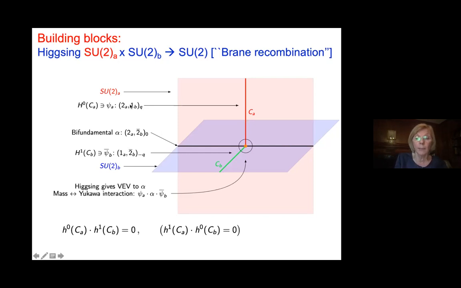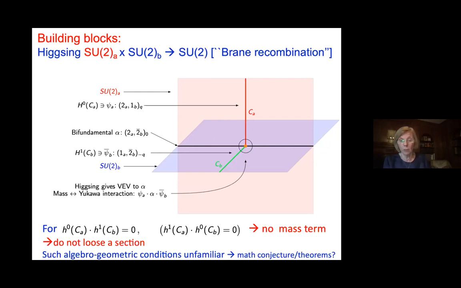However, if we either don't have a doublet in the first component or an anti-doublet in the second component, in this case, this brane recombination process going to a smooth case will actually not give a mass to any of these doublets, and we will not lose the sections.